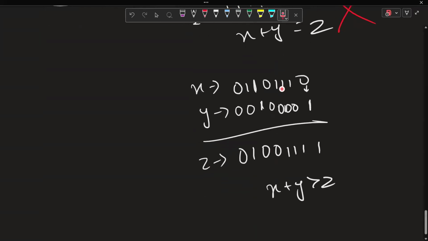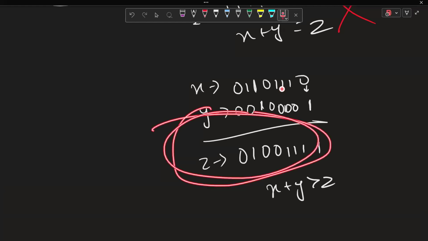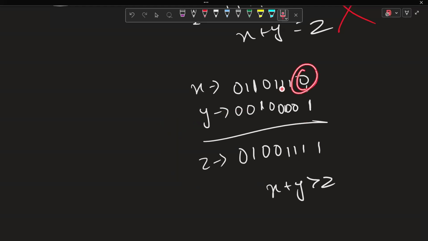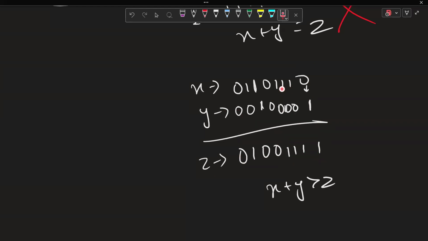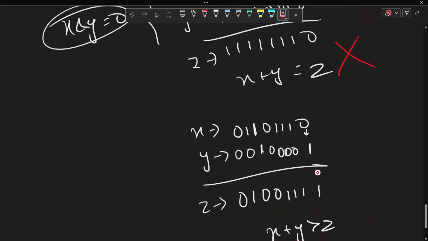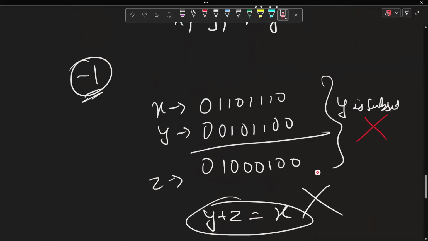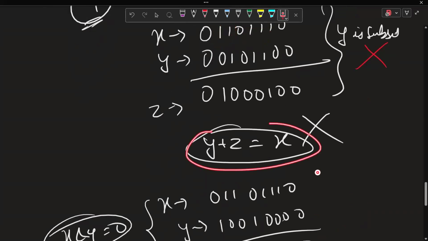And the other thing to make sure of was y plus z. So for y plus z, in this bit, as you can see, you had 1 1 which was making something extra. For all the remaining bits, it was not making anything extra in x. So y plus z greater than x was also made sure. The problem was, in this case when you were taking from the set bits, y plus z was becoming equal to x.